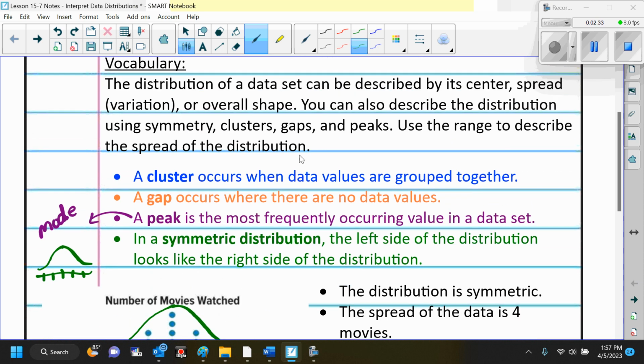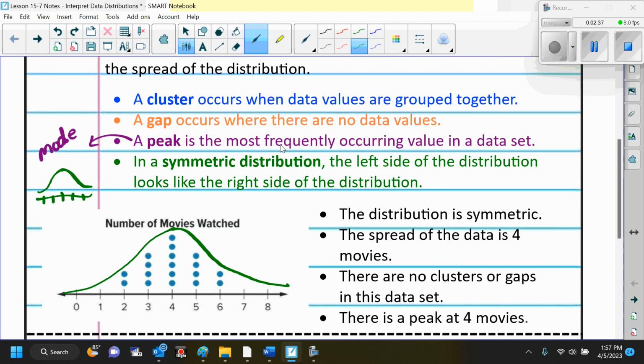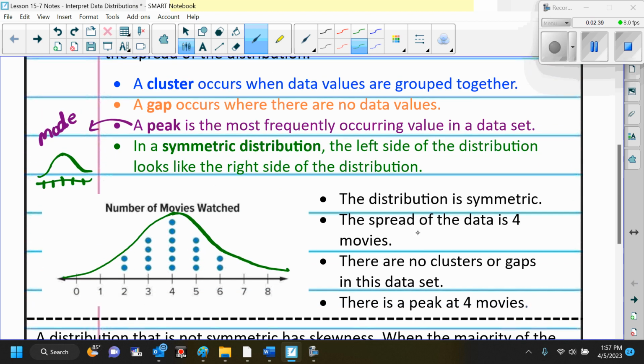So we're going to use the range to describe the spread of the distribution. The spread, or the range, is 4, and you can see that 6 minus 2 equals 4. There are no clusters or gaps in this data set.